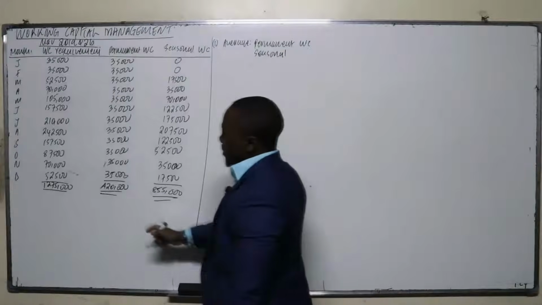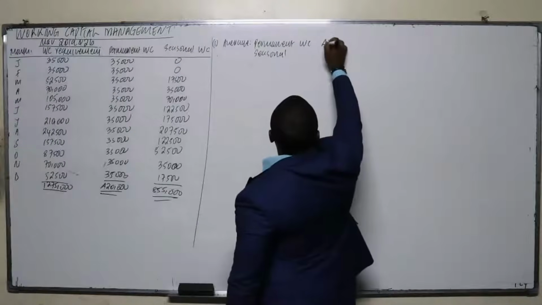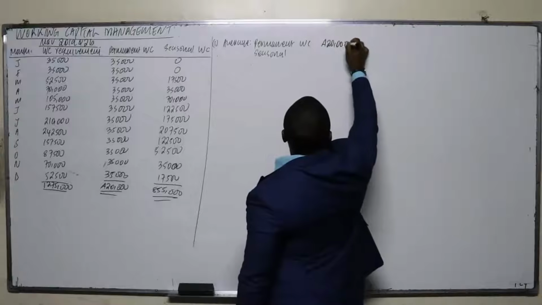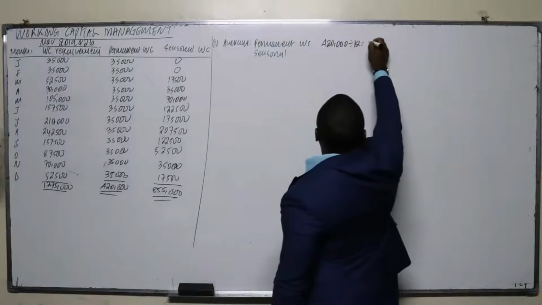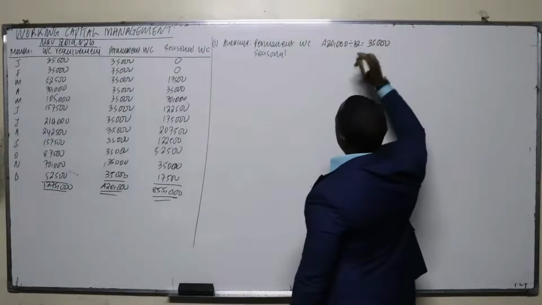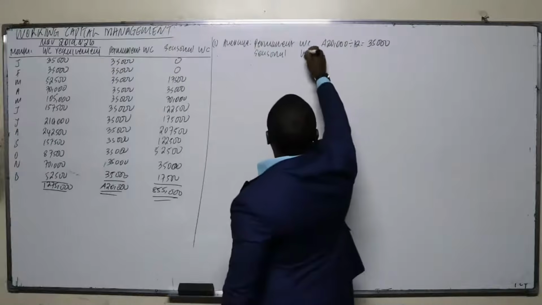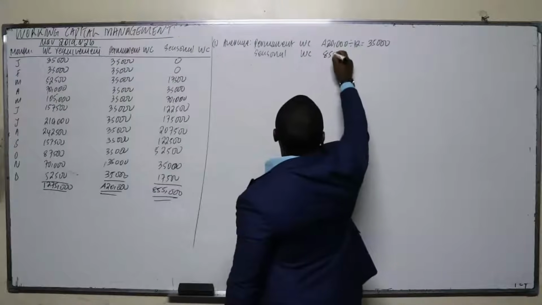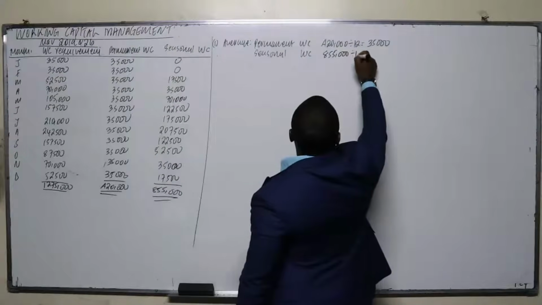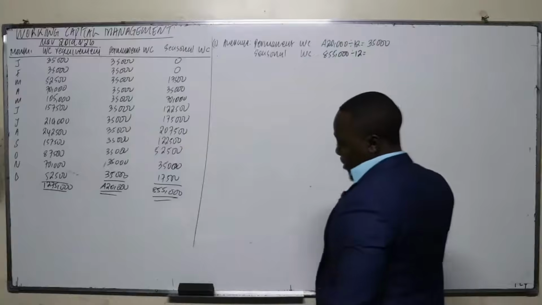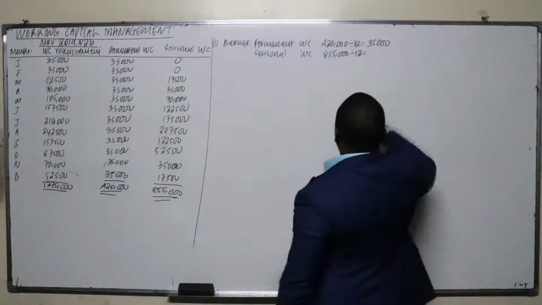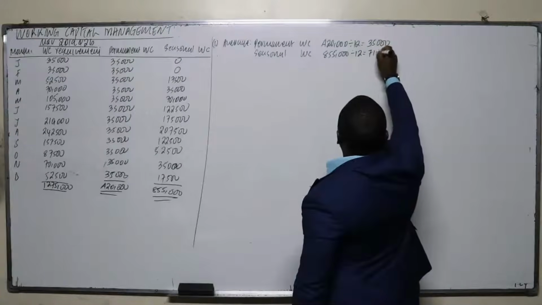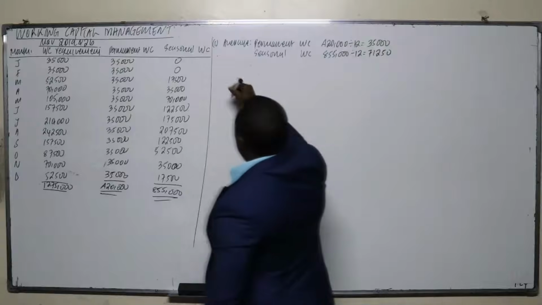So for the permanent, the total is 420. Then you divide by the number of months, which is 12, and you get 35,000. For the seasonal working capital, the total requirement is 855. Then you divide by 12. So on average, how much do you need per month? 71,250. Number 2 of the question.